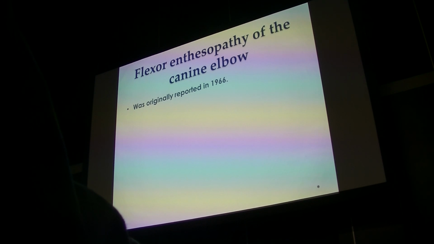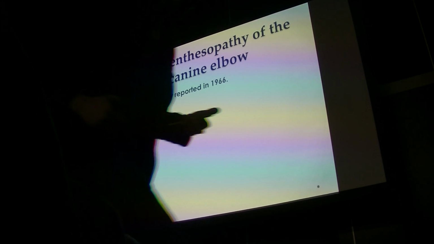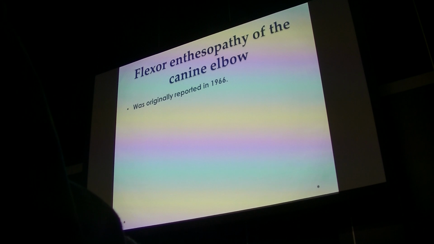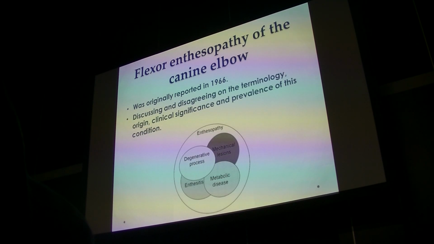The flexor tendinopathy or flexor affections were first reported in the 60s already, and they were classified under elbow dysplasia at that time. They were rare, associated with no clinical findings, so an incidental finding, and a lot of names were given to this kind of condition.